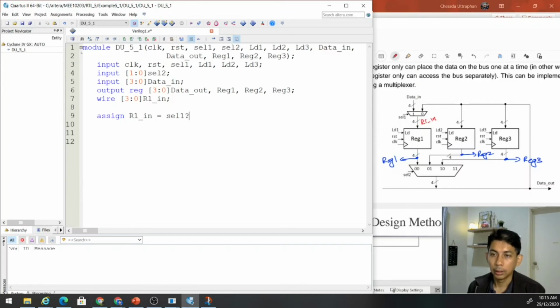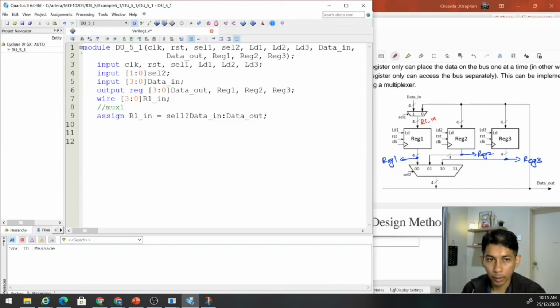This data in, or from the other one, data out. All right, so this will give you the first multiplexer. Just name this as mux 1.